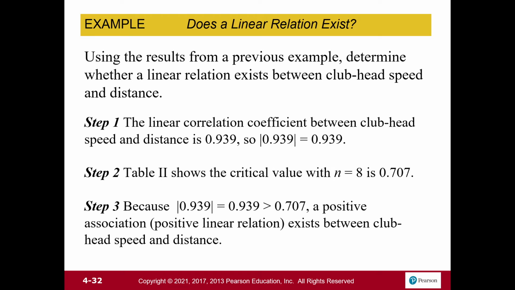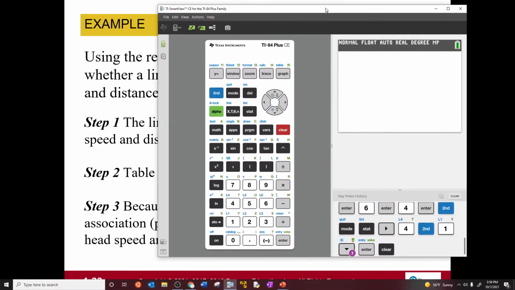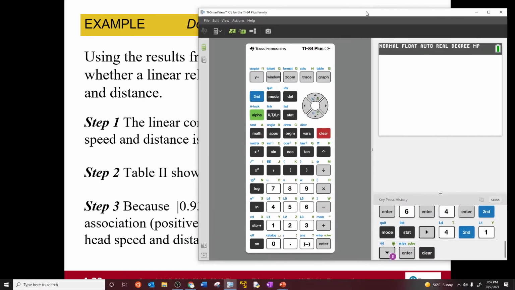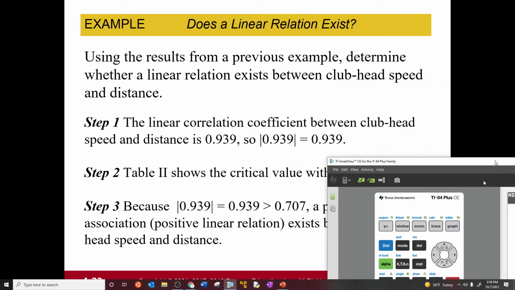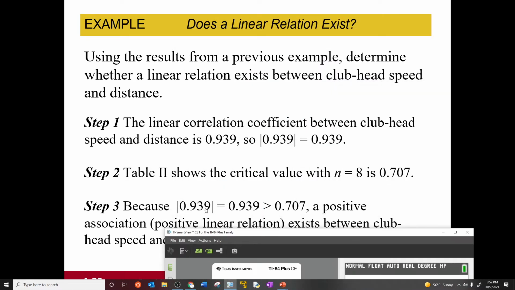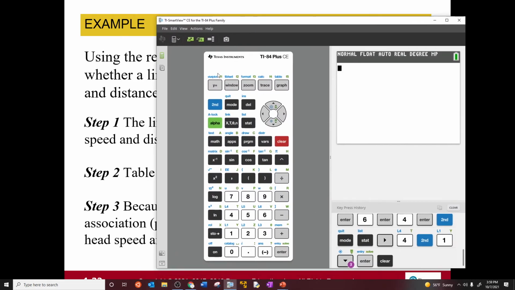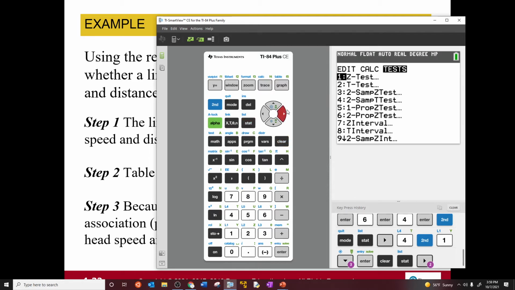Now, we're actually in luck, because the calculator will also let us know whether or not there's a relationship. One way to do this is to go into Stat, go to Tests, and then we're going to go into a linear regression test.